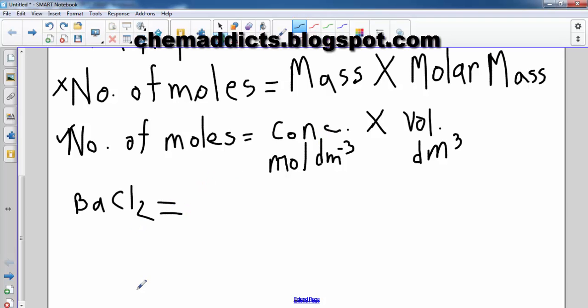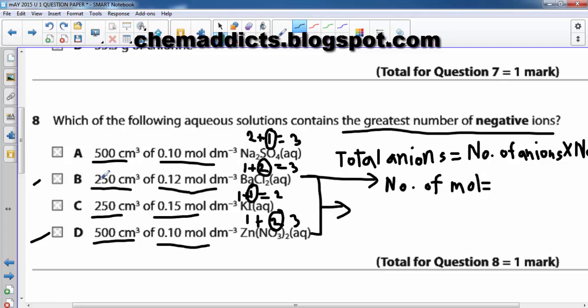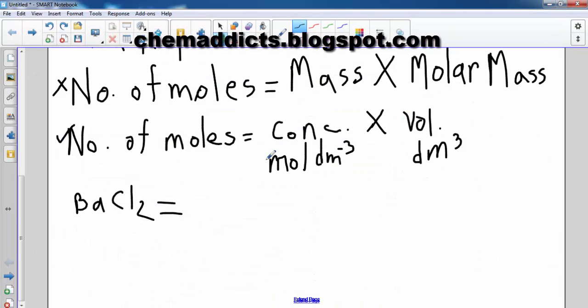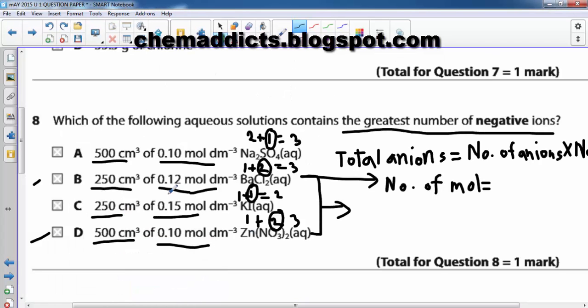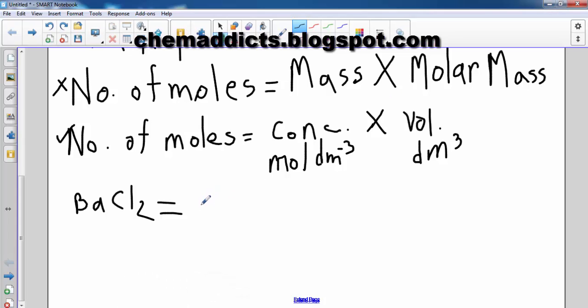The concentration of barium chloride in this case is 0.12 mole per dm cube, multiplied by volume.